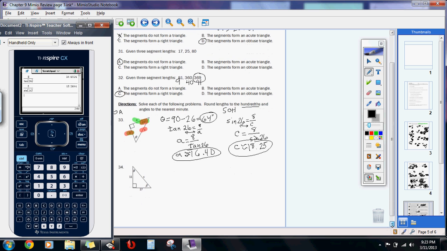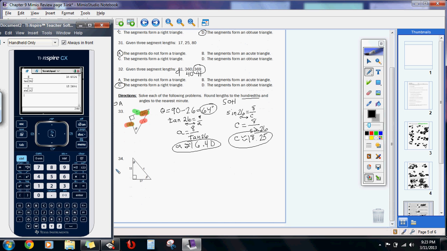Alright, so we're going to go through a different scenario here, and this is the one where we have to find the angle measures. Now, straight up Pythagorean theorem, no trig: 11 squared plus 17 squared is equal to C squared. I should have mentioned this, but there's no special right triangle here, so just Pythagorean theorem.